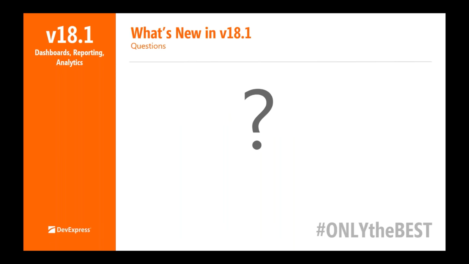Thick and fast. But before we head to questions, one thing that I neglected to say, so I've been slapped over the wrist already, was the query filter control that I was showing before was obviously part of the reporting suite prior to version 18.1. But what's happened in this release is that, as it's the MVC version I'm talking about, it is now a control in its own right.